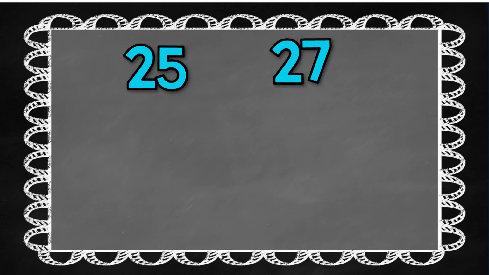We probably need to use some base 10 blocks to help us see this visually. Let's build the number 25. So we have a 10, 20, 21, 22, 23, 24, 25, and then we're going to build the number 27.